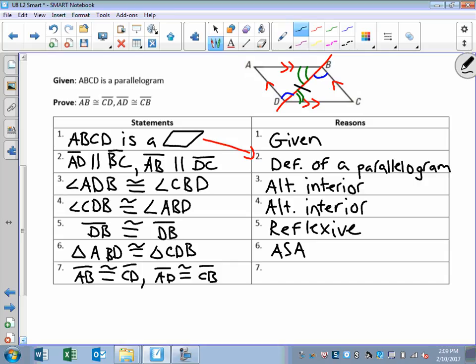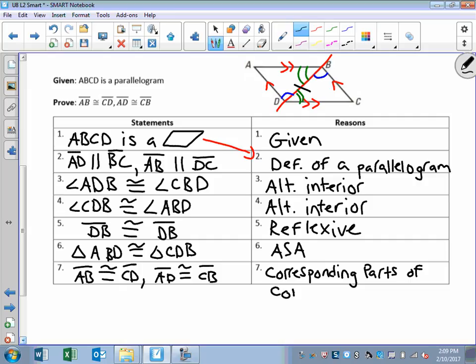So that means all the parts have to be congruent. And we learned the term for that a couple units back: corresponding parts of congruent triangles are congruent.